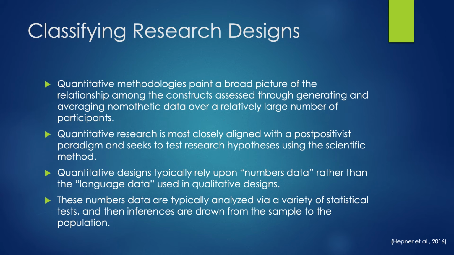that you're looking for. On the other hand, quantitative methodologies paint a broad picture of relationships among constructs assessed through generating and averaging nomothetic data over relatively large numbers of participants. Basically, we're taking a group of data and generalizing it, surmising what's happening within that data, and then saying this is a phenomenon or construct that's happening with another large group of people.